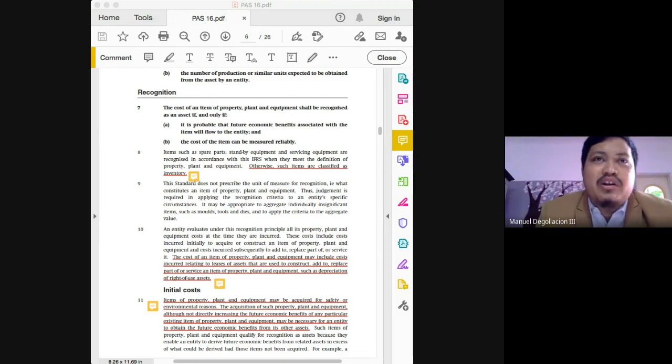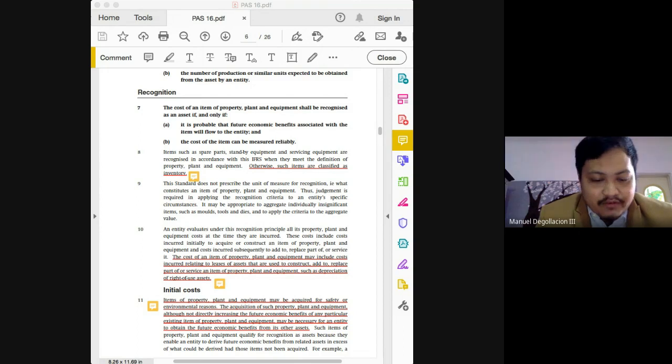If you can recall, class, from our past lessons, what we consider as inventoriable cost in determining the product cost, it's possible that the value of your production assets, your factory equipment, your machines, will become part of your product cost.